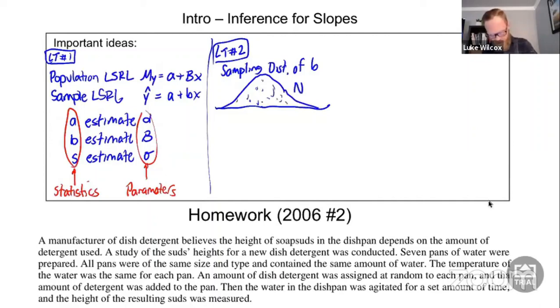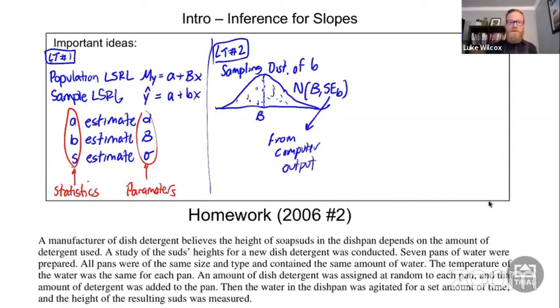And we said that the true value, or the center, the mean, should be the true slope of the population LSRL, beta. And we can measure the standard deviation using SEb, the standard error of the slope. And that generally is going to come from computer output. And we're going to need that in the next 2 lessons when we do inference for regression.